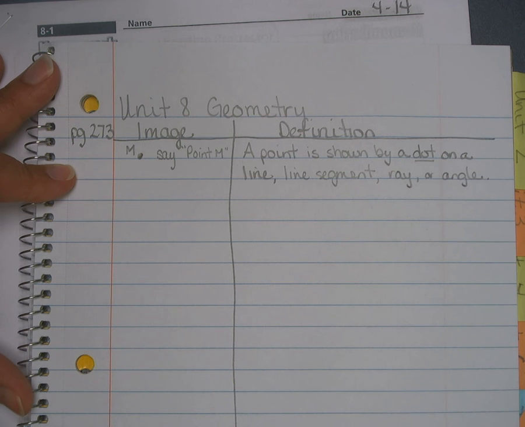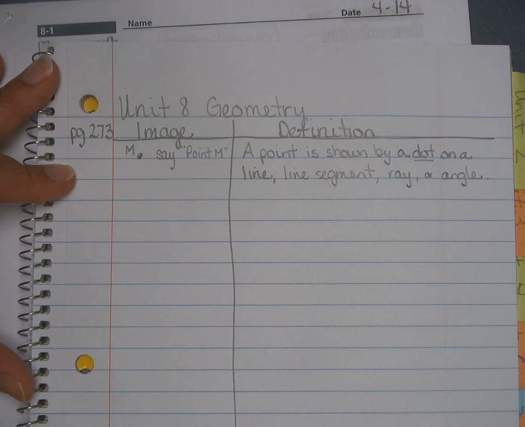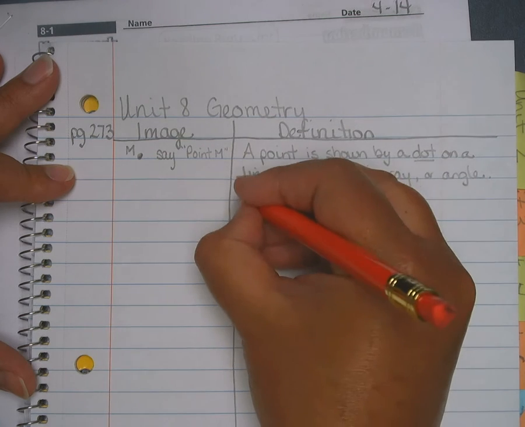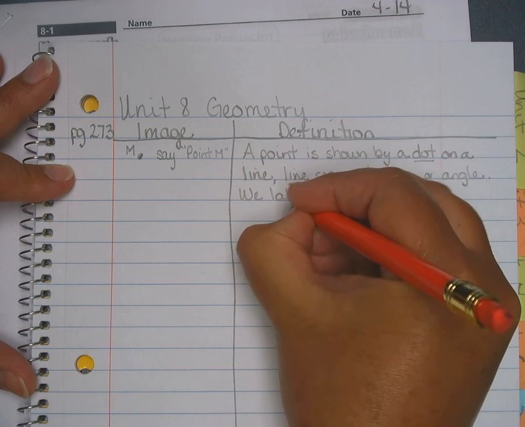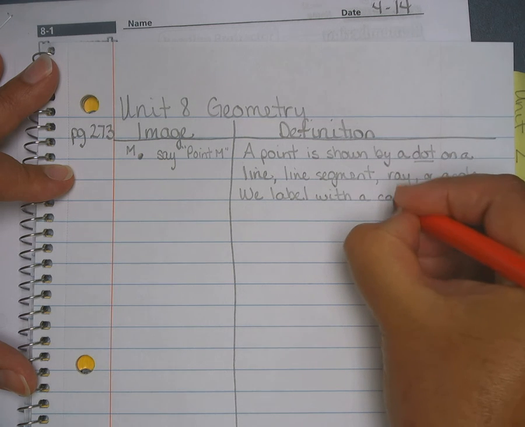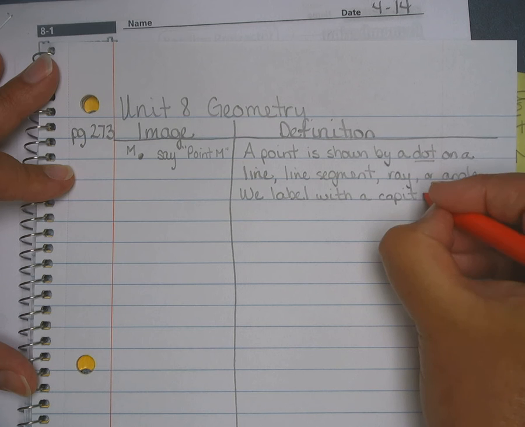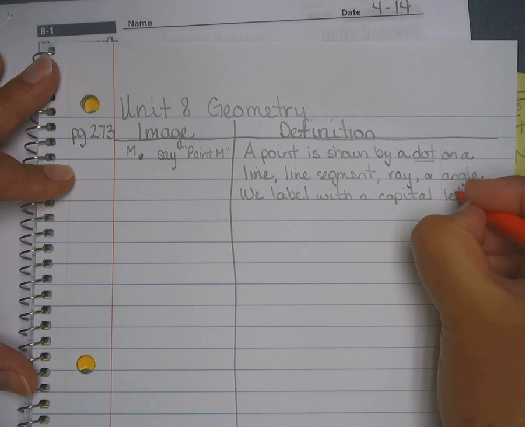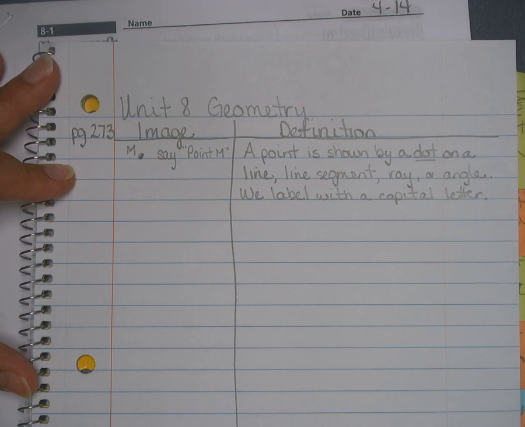We use them to name what we're talking about in a geometric figure. So that if we were discussing something, we could discuss it by using its name, just like I would say Cole or Cal or Liam. We would use point M, point N, calling it by name. And we label with a capital letter. We often don't use lowercase letters because they get a little confusing with some of our numbers.